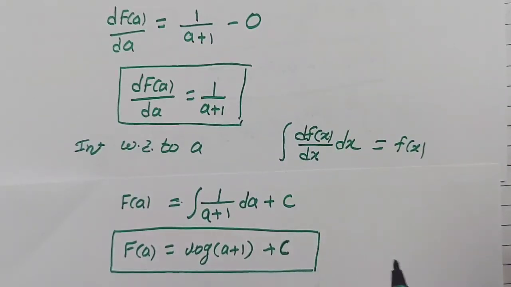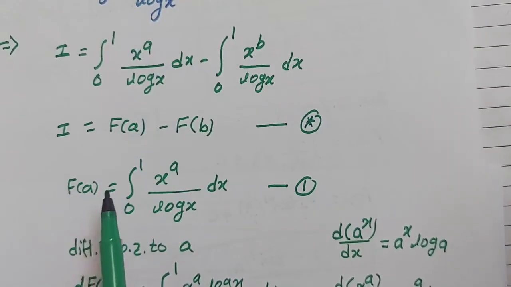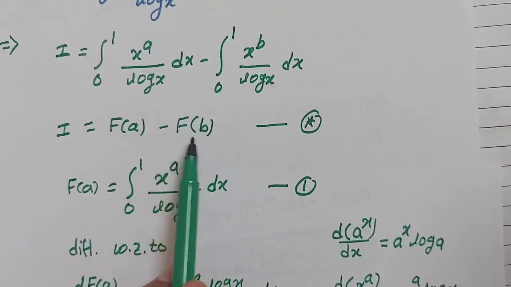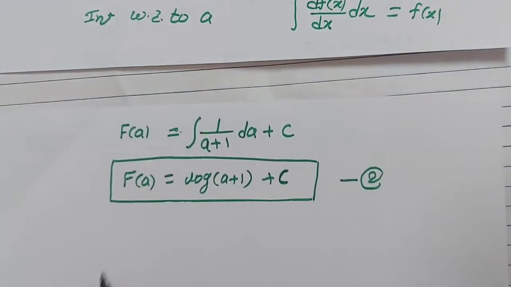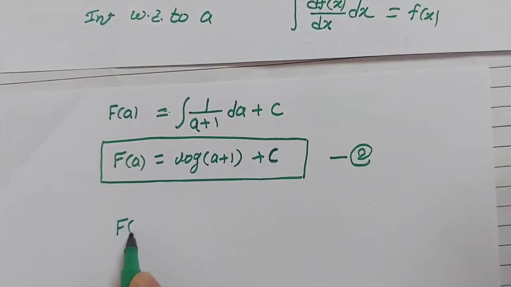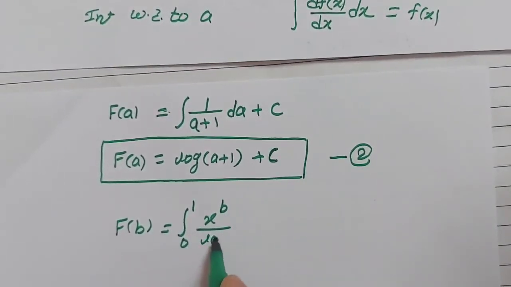But ये same term हमें second f(b) के टाइम पे भी मिलेगा, तो हम at a time ही दोनों constant की वैल्यू फाइंड आउट करेंगे. So here ये सपोज हमारा है इक्वेशन नंबर 2. Now in the same way we have to find value of f(b), and f(b) is nothing but the integral 0 to 1 of x raised to the power b divided by log of x dx.